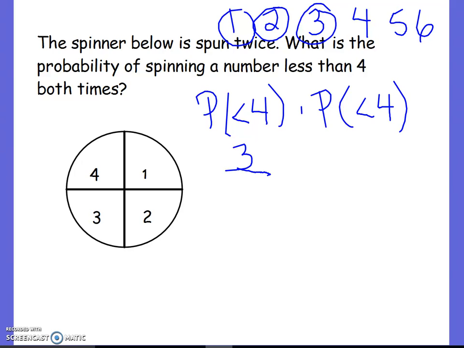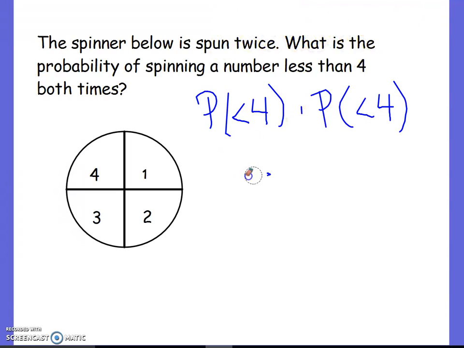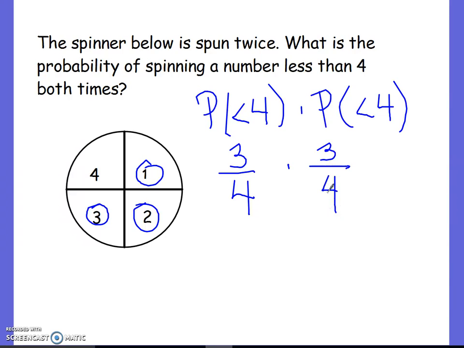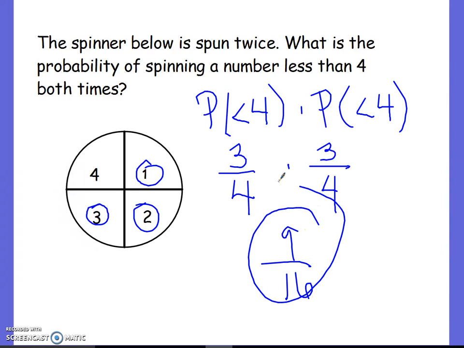So back that up. I don't want a number cube, I want this spinner. On this spinner, the numbers less than 4 are 3, 2, and 1. So there are 3 options out of 4. Top times top, 3 times 3 is 9. Bottom times bottom is 16. 9/16.